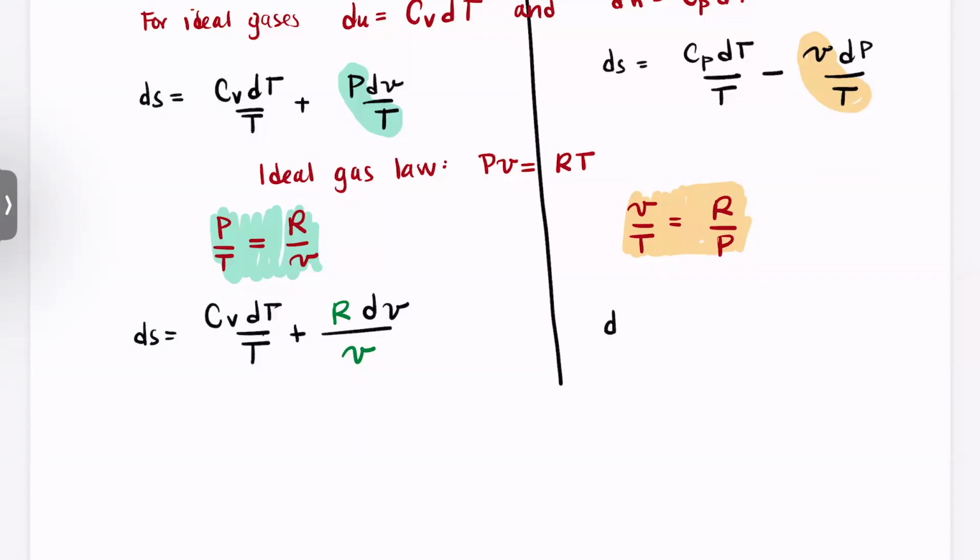And then on the other side, I get something similar. So I have ds is equal to Cp dT over T minus R over P times dP.